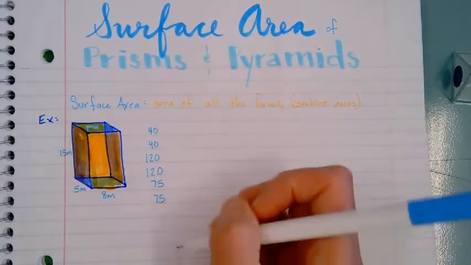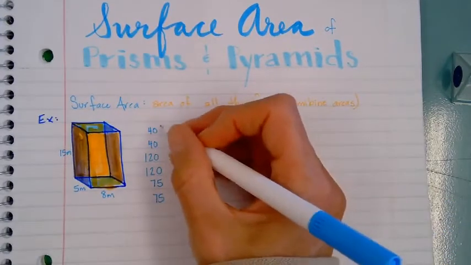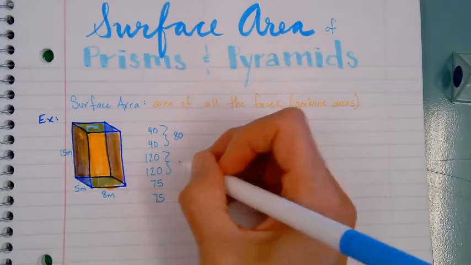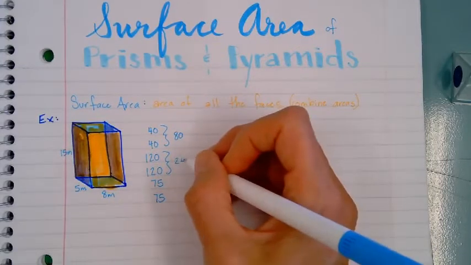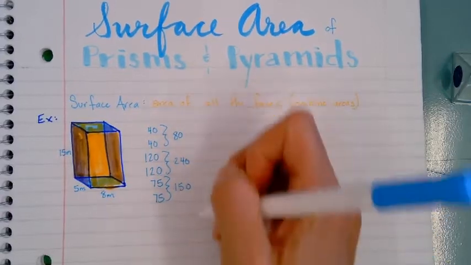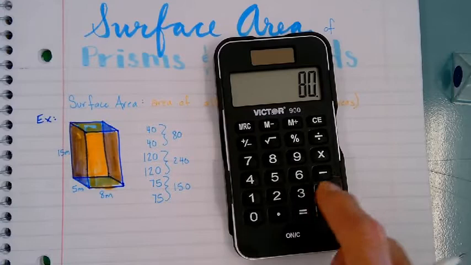Now, I could do some of this mental math so I don't have to plug in all 6 numbers. I know that these two are 80, 120 and 120 would be 240, and 75 and 75 is 150. Maybe some of you can do that mental math, but now I have a lot fewer numbers to plug in here.